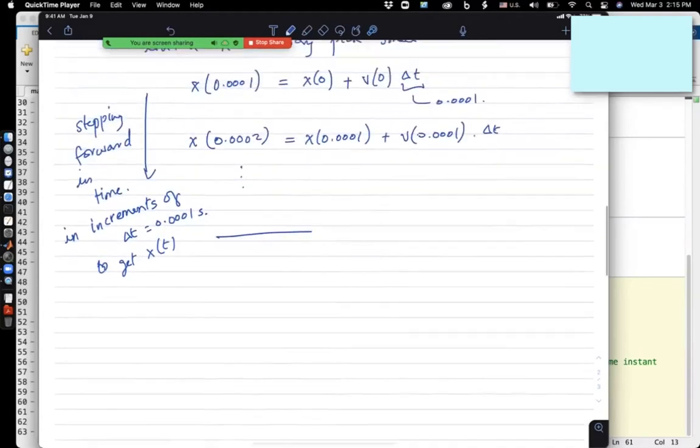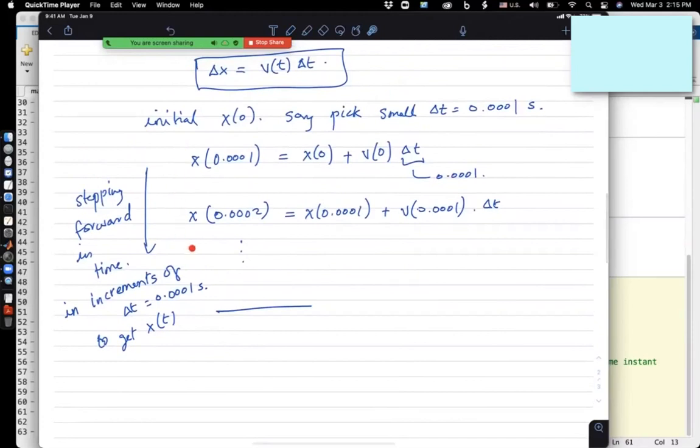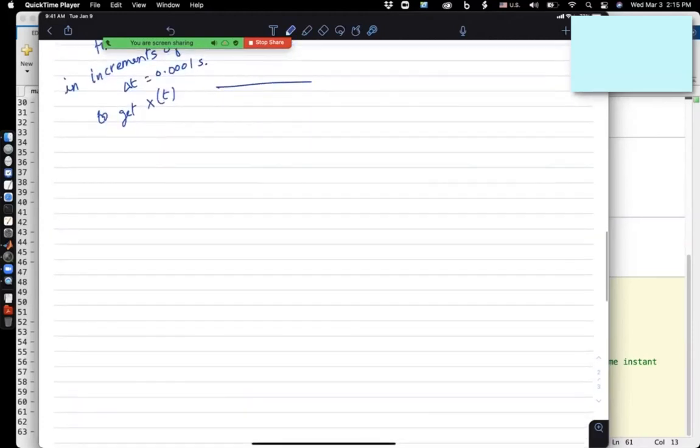Instead of writing it in this cumbersome manner, we can write it like x of i times delta t equals x of i minus 1 times delta t, the previous time step, plus v of i minus 1 times delta t, times delta t, okay?